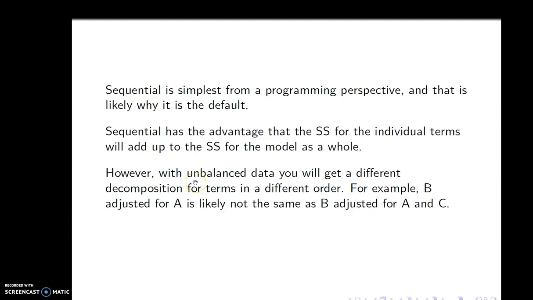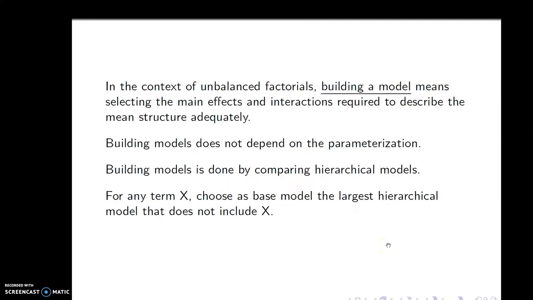However, with unbalanced data, again, things get prickly. We're going to get a different decomposition for terms in different order. For example, if we add B adjusted for A, it's different than B adjusted for A and C. And so we need to be very careful and thoughtful, again, about how we do this.